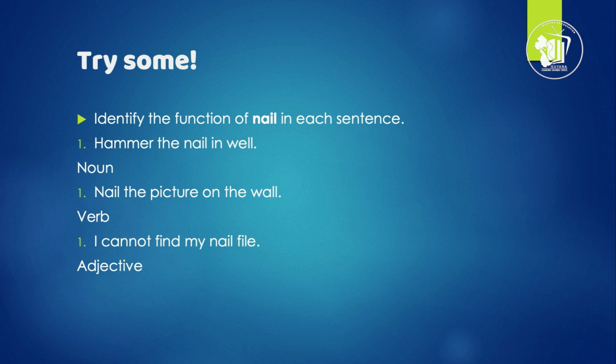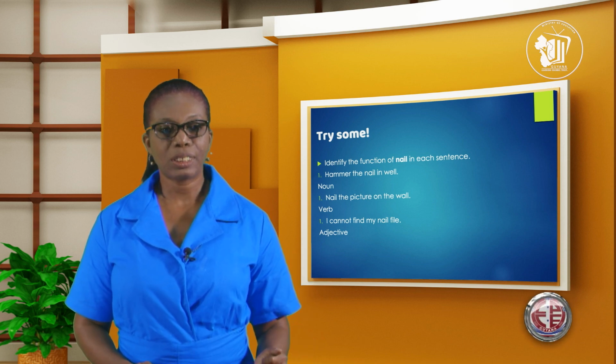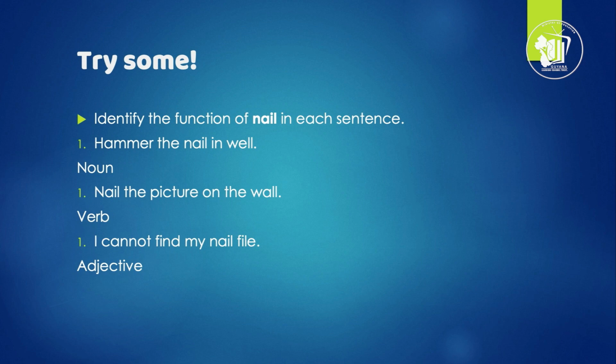How is nail functioning in this sentence? In this sentence, nail is functioning as a verb. Let's look at the other one now. I cannot find my nail file. What's the function of nail in this sentence? Here, it functions as an adjective. So we can see that nail functions as different parts of speech in each sentence.